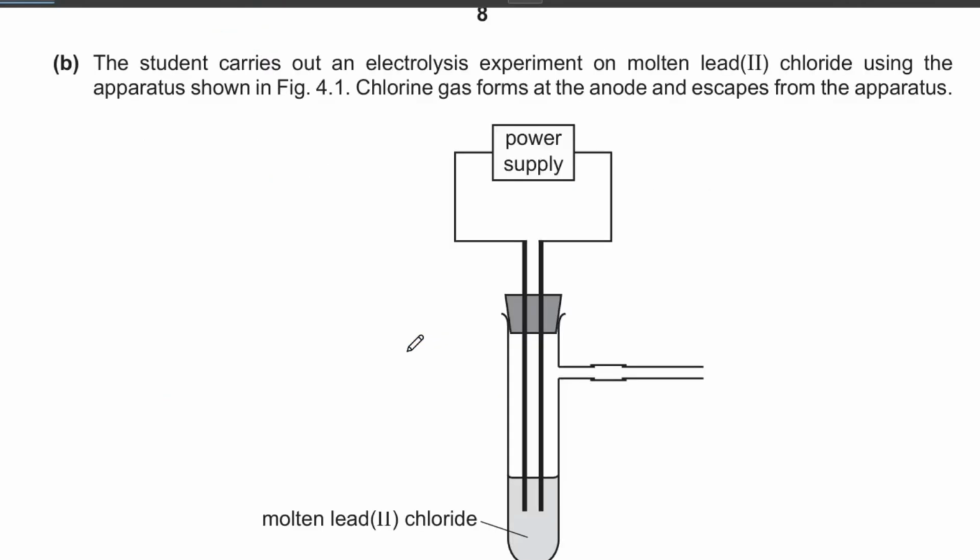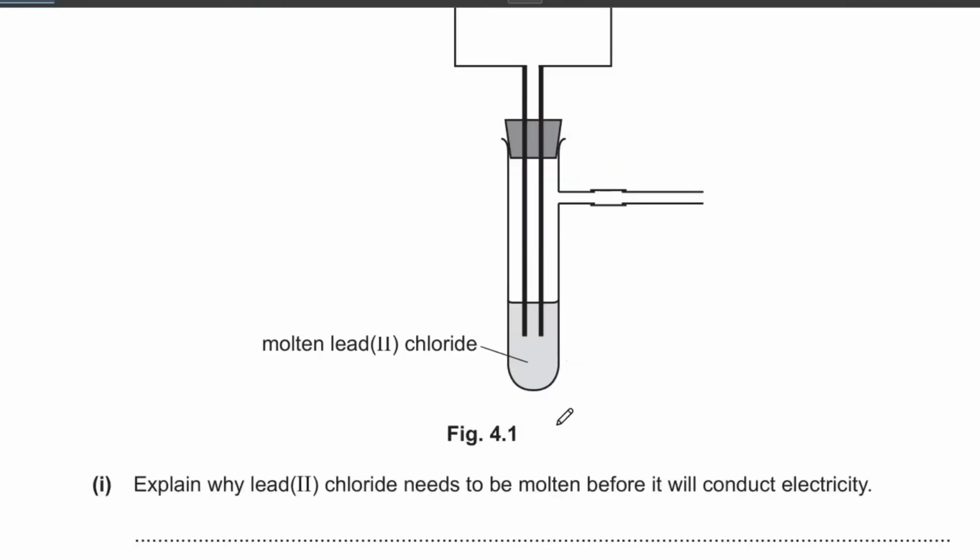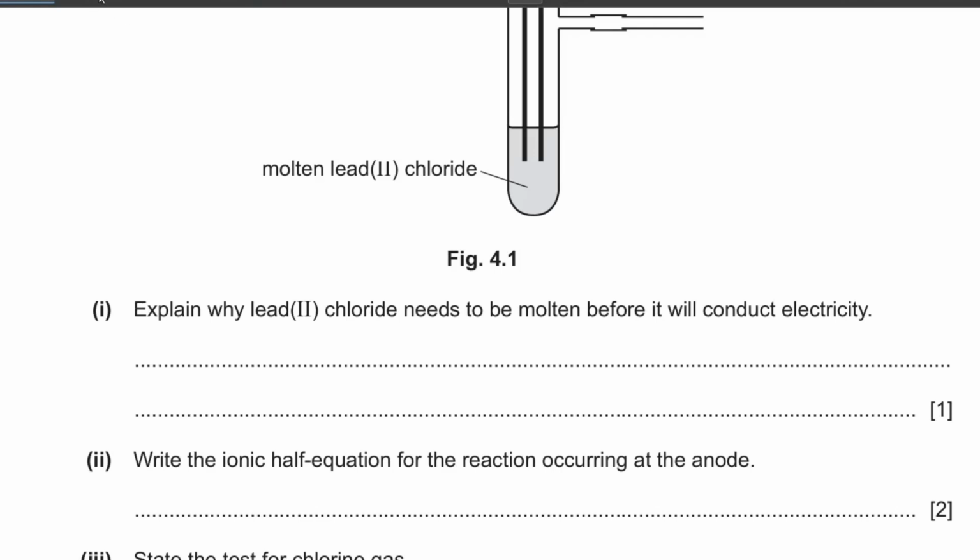The student carries out an electrolysis experiment on molten lead(II) chloride using the apparatus shown in figure 4.1. This is the apparatus. Chlorine gas forms at the anode and escapes from the apparatus. Explain why lead(II) chloride needs to be molten before it will conduct electricity.